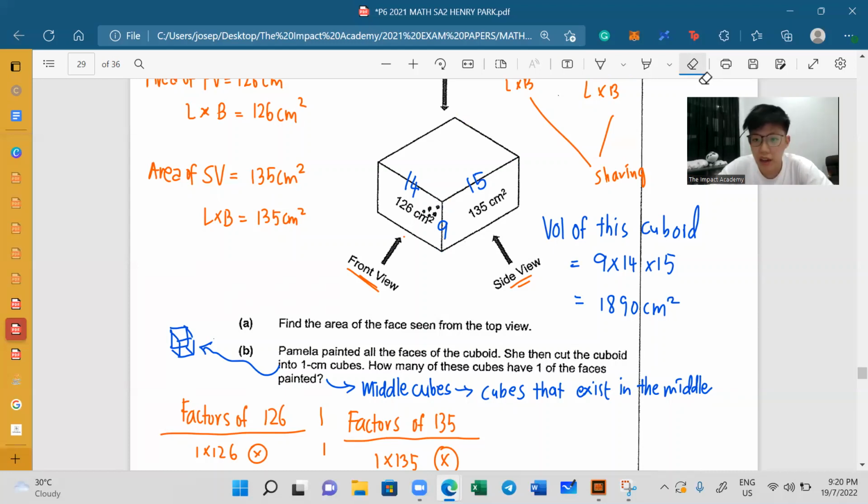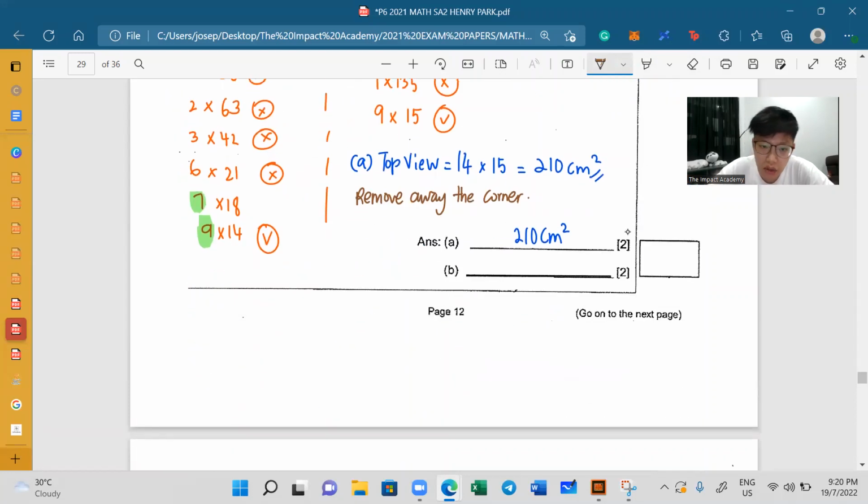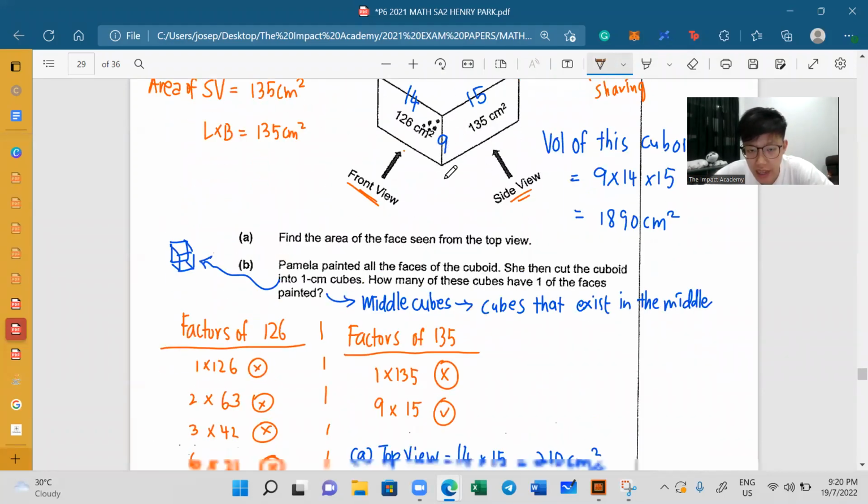So because of that, what I want to do is remove away. Maybe I will just use brown color. For B, I want to remove away the corner. So what I will do first is I will start with my height, length, breadth. Looking at this cuboid, my height is 9 cm, correct?